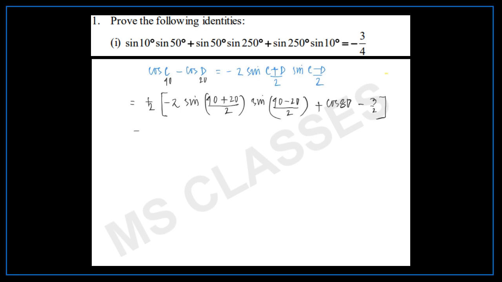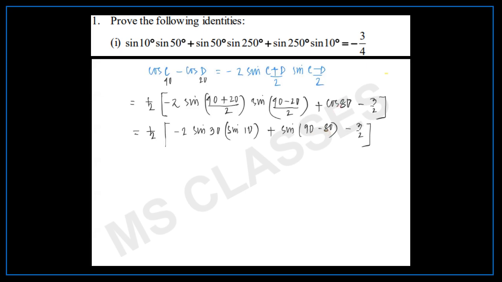Now here children, what can we write? Half of minus 2 sin 30 sin 10. Cos 80 can be written as what, children? Sin(90 minus 80), minus 3 by 2, since cos theta equals sin(90 minus theta).